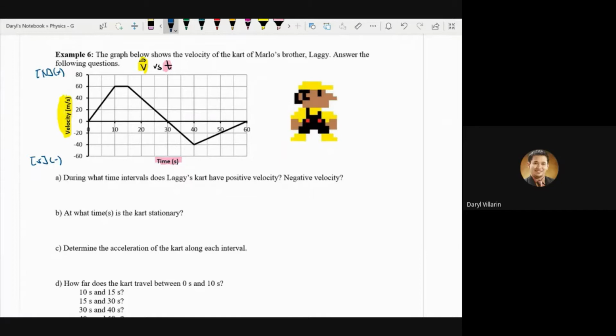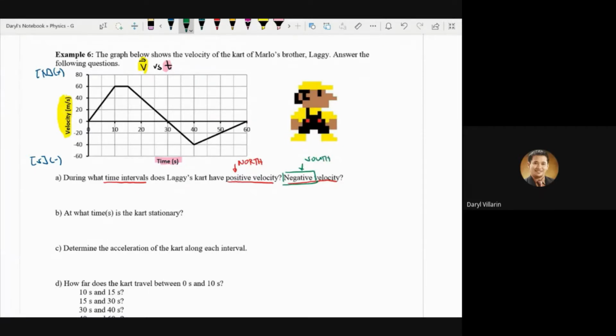So the question is, during what time intervals does Laggy have a positive velocity and negative velocity? So positive means, again, north, and the negative sign here indicates anything that is to the south.